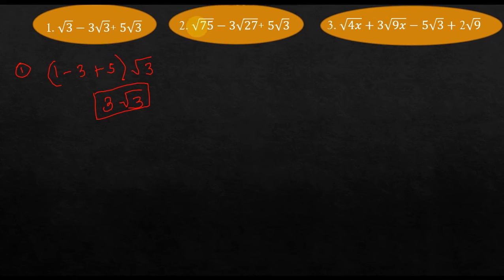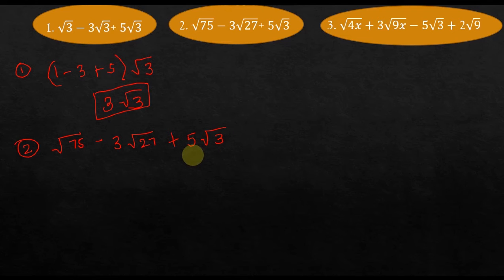Next, number 2. Allow me to write here number 2. I have here square root of 75 minus 3 square root of 27 plus 5 square root of 3.